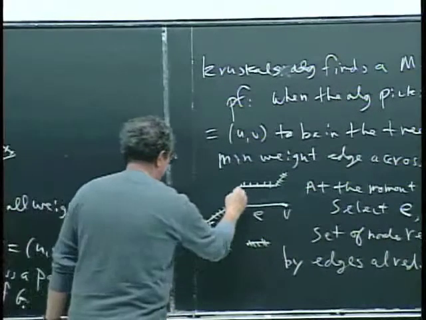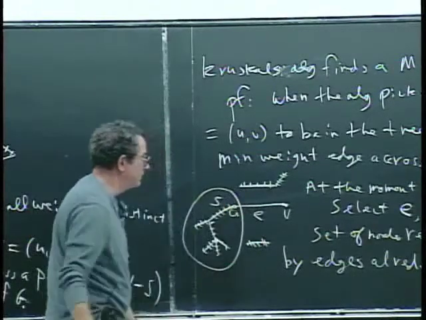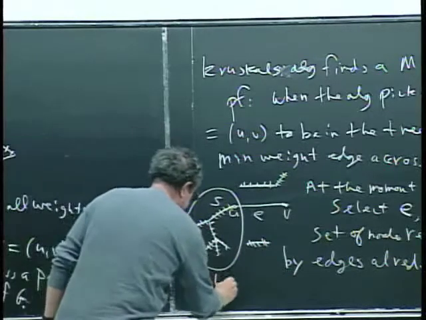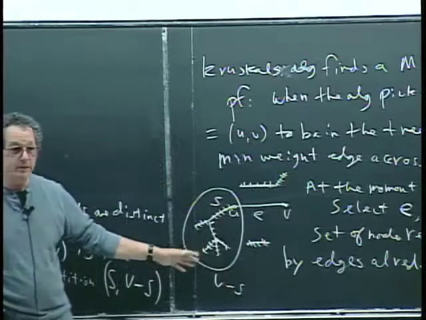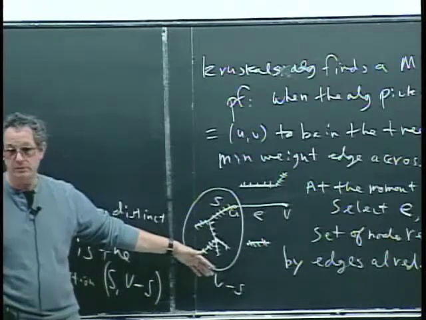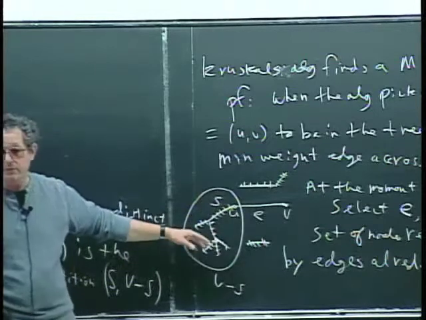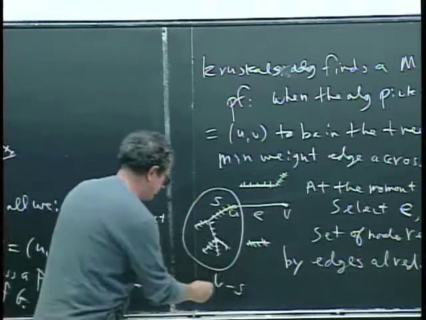So this is going to be S, and everything else is V minus S. Okay? So that's a particular partition of nodes. Everything that's reachable from U among edges that have already been selected, and everything else, V minus S.